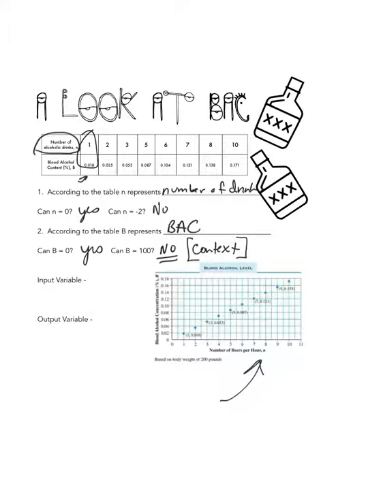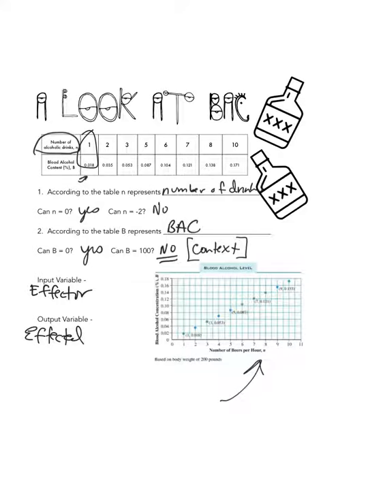The input variable is the effector, and the output variable is the affected. So the kinds of things that you have to think about are what causes the other to happen. Does the number of beers you drink affect your blood alcohol content, or does your blood alcohol content affect the number of beers you drink?